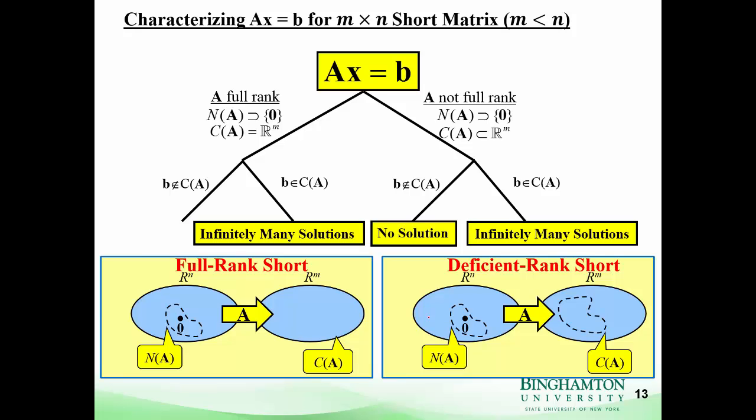But there is a new field in electrical engineering and computer science and other related areas that is actually taking advantage of the short matrix view. Theoretically, in the most general setting, there's no way to figure out a unique solution.